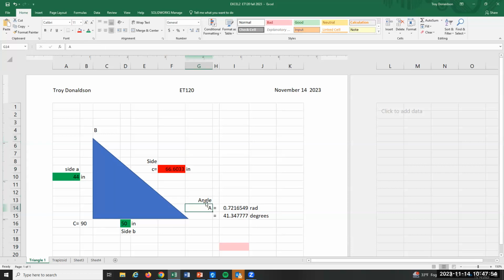Then I said, okay, well, I need to find this angle A. So I could do it with sine because I know opposite and hypotenuse. I could do it with cosine, right? Because I know adjacent and hypotenuse. And I could do it with tangent. I can do it with any of them.